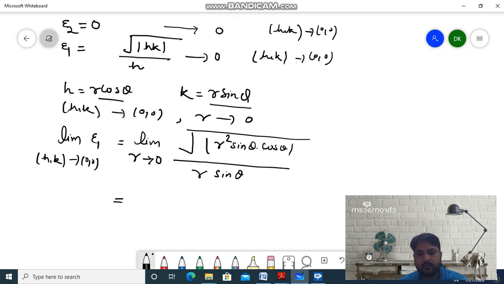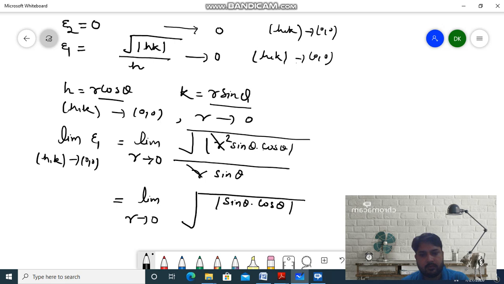Because this is square root of r square, we can cancel out this by this one. So limit r tends to 0 is equal to square root of mod sin theta cos theta upon cos theta.